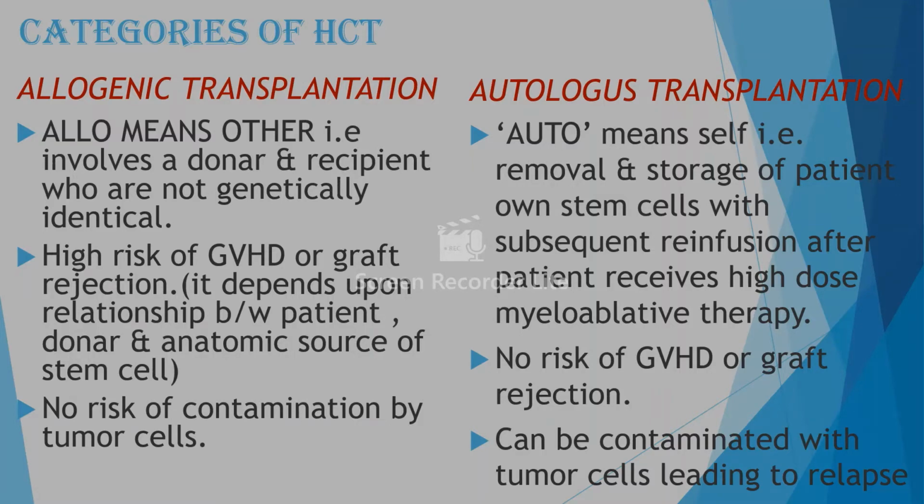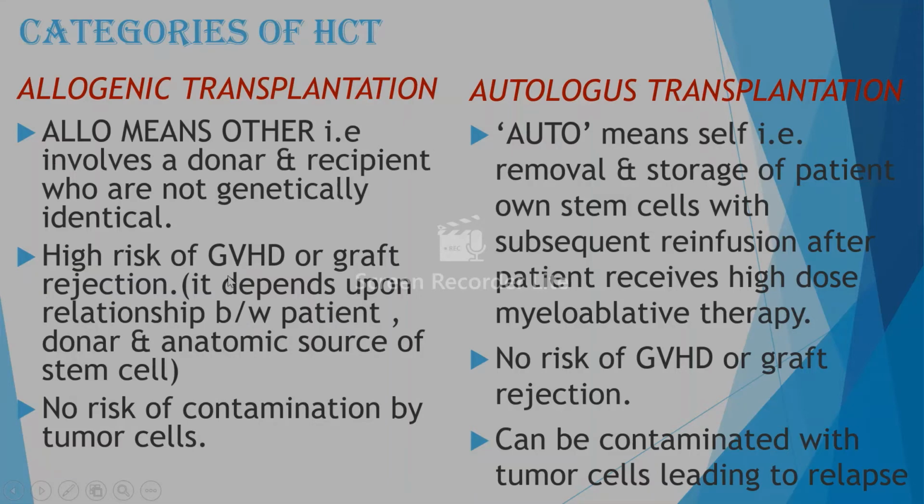But the same individual receives some doses of myeloablative therapy to achieve immunosuppression. As the graft is from a non-genetically identical individual in allogenic transplant, there is a high risk of graft versus host disease or graft rejection.